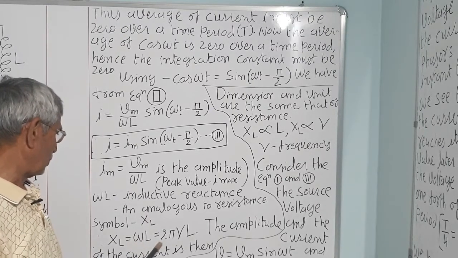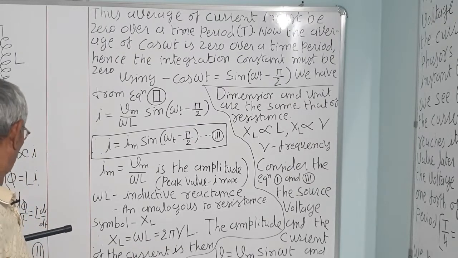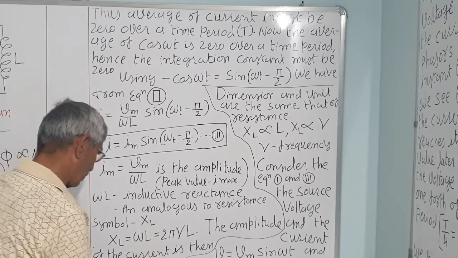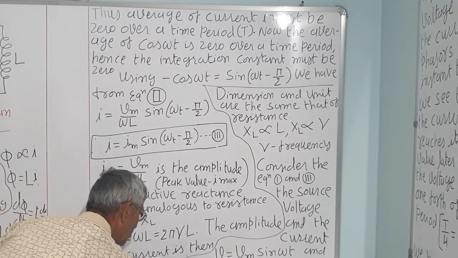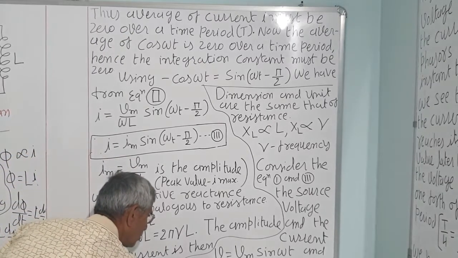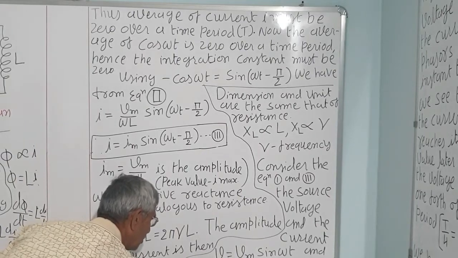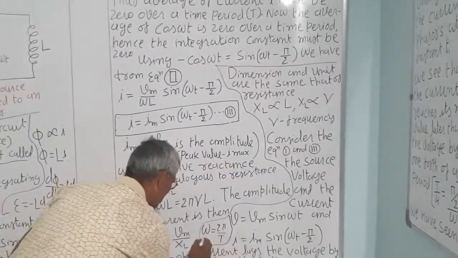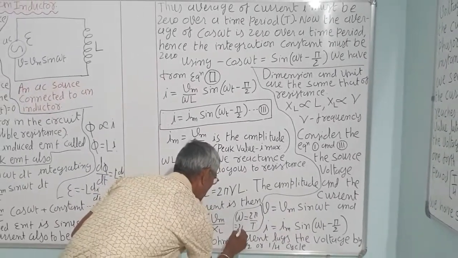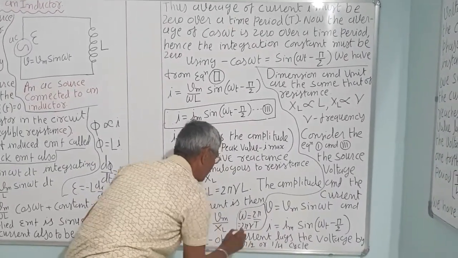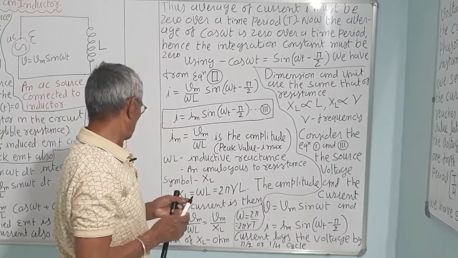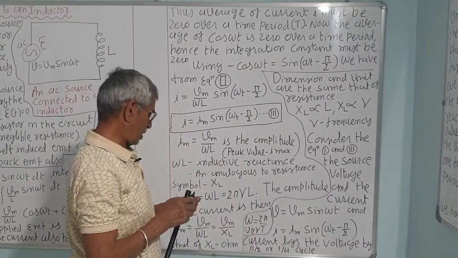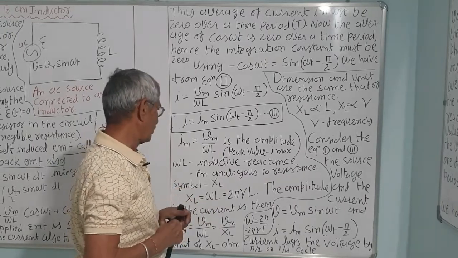Omega we know is 2 pi upon T. That is, 1 upon T is frequency, so omega is equal to 2 pi nu also. 1 upon T is nu. So, XL is equal to omega L and that is equal to 2 pi nu L also you can write.